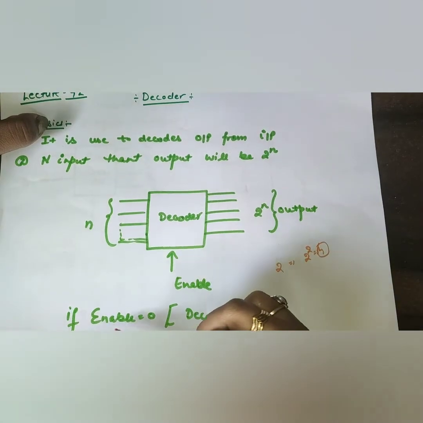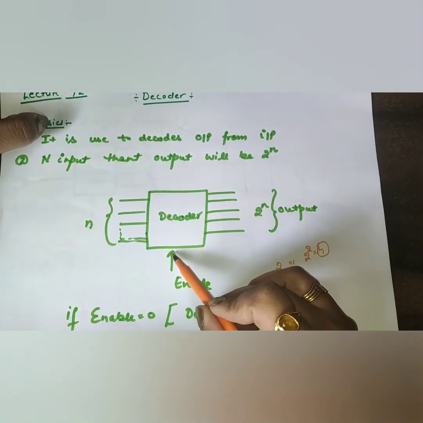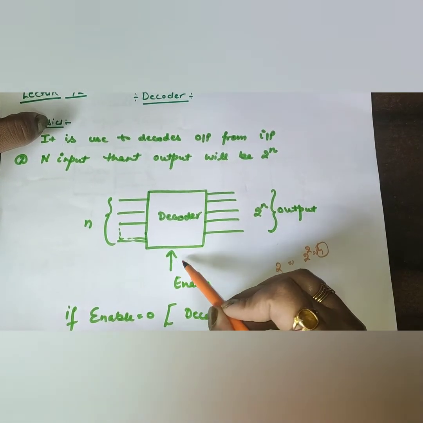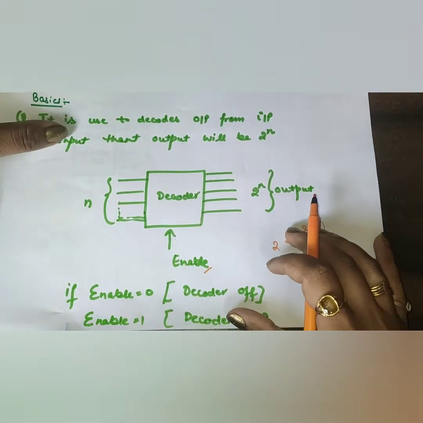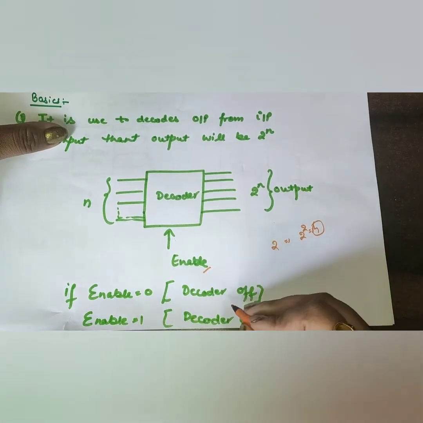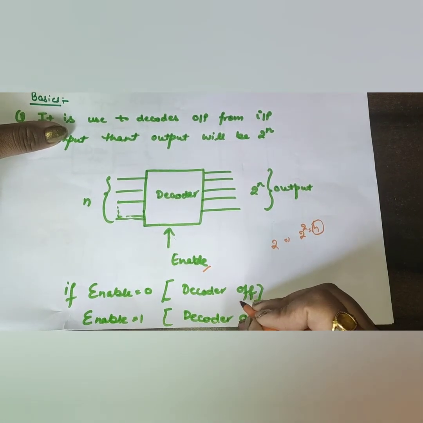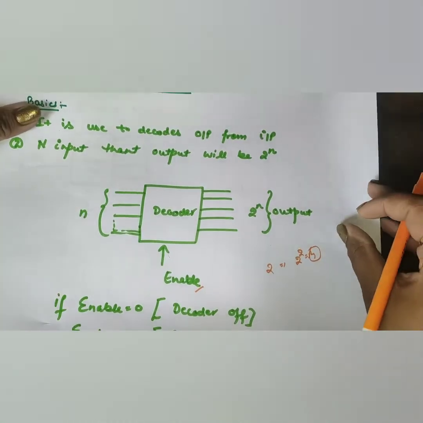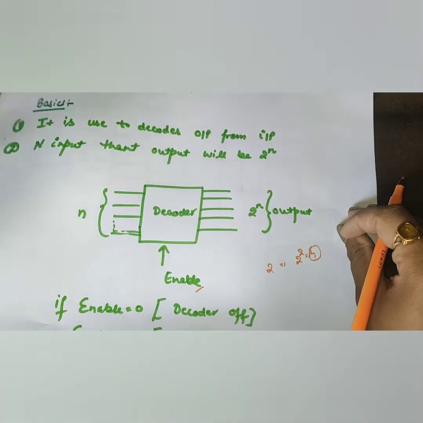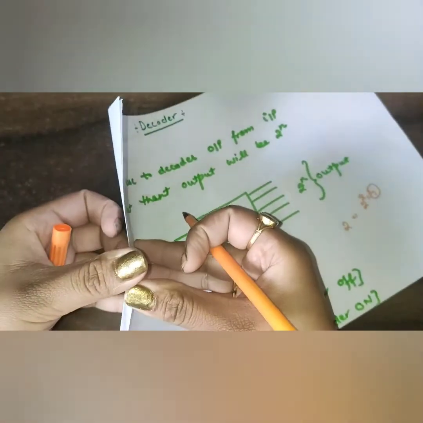It also has an enable signal. If enable is 0, we can say the decoder is off, and if enable is 1, we can say the decoder is on.